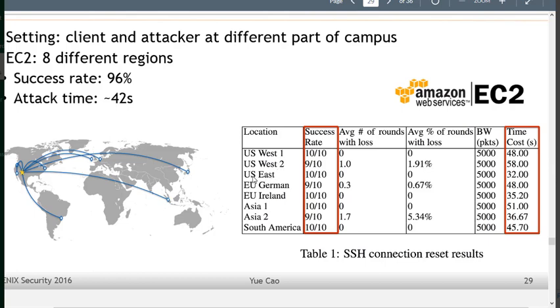They tried somewhere on the United States East Coast, in Germany, in Ireland, in Asia, even in South America. And this is the success rate. They conducted a 10 times attack and 10 succeeded, or 10 times attack, 9 succeeded, and so on and so forth. And this is the average attacking time. You can see all the times to reset your connection are shorter than 1 minute.